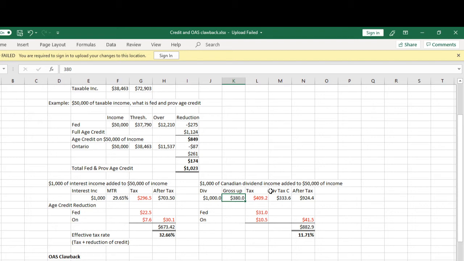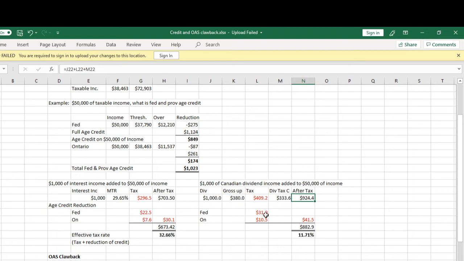I pay tax on $1,380, but I get a dividend tax credit, so I don't really pay that tax, and that knocks me down to an after-tax income of that dividend of $924. I forget what the rate is, but it's a lot better than the interest income.